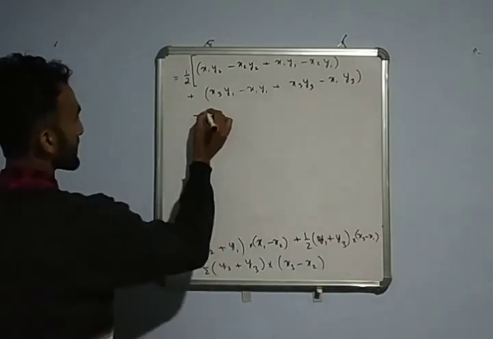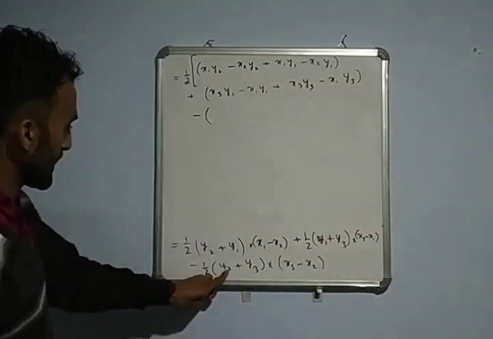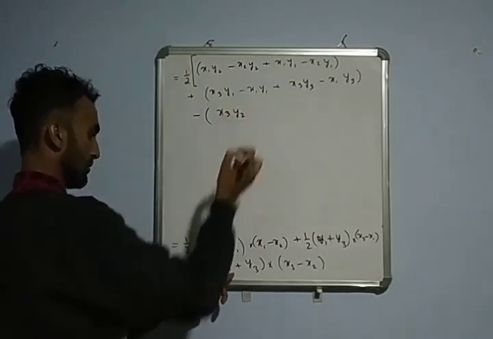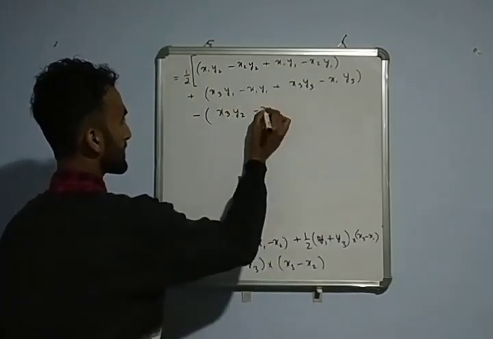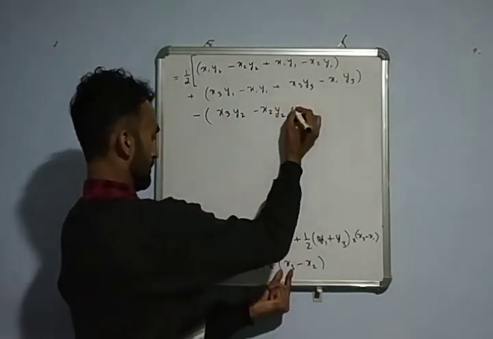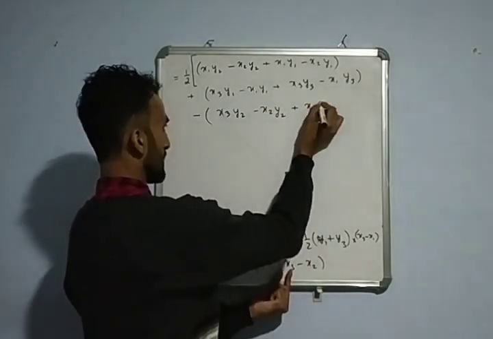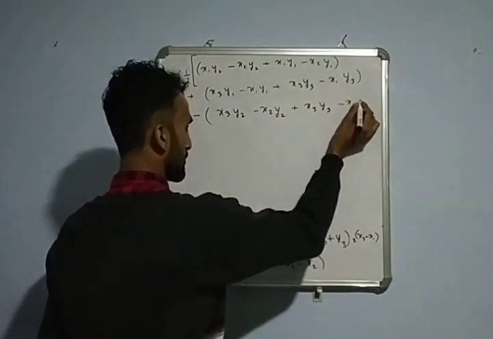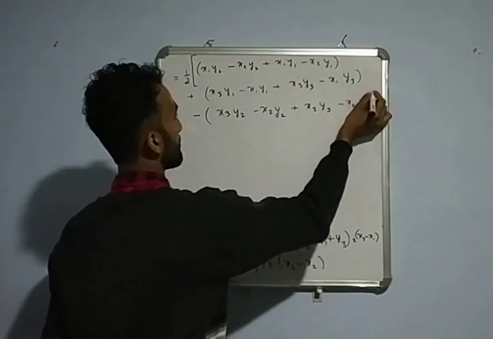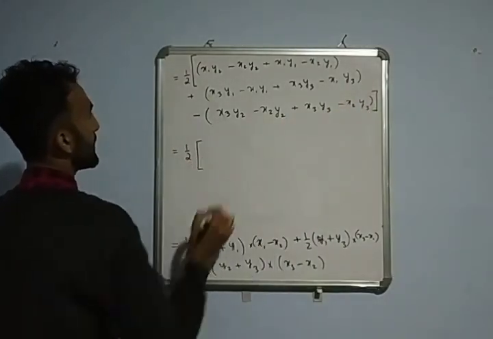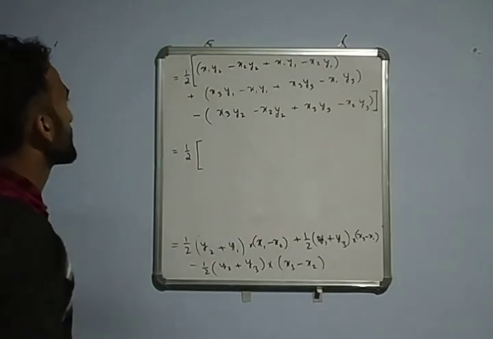Now minus, now this one, x3 y2 minus x2 y2 plus x3 y3, plus into minus is minus x2 y3, equal to half. Now let me open the bracket.